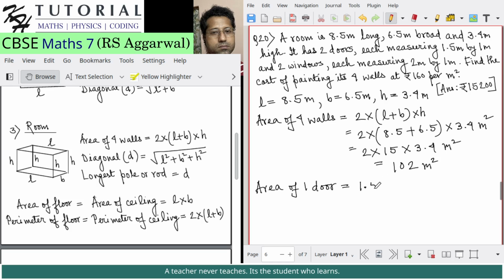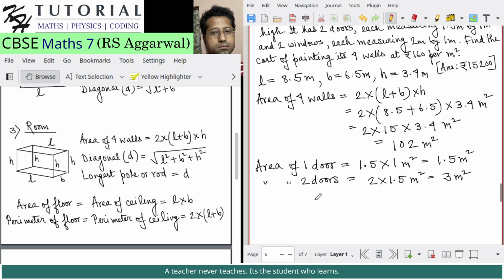So its area will be 1.5 multiplied by 1 meter square, which is 1.5 meter square. We have two doors, so the area of two doors using unitary method will be 2 multiplied by 1.5 meter square. This is 3 meter square.